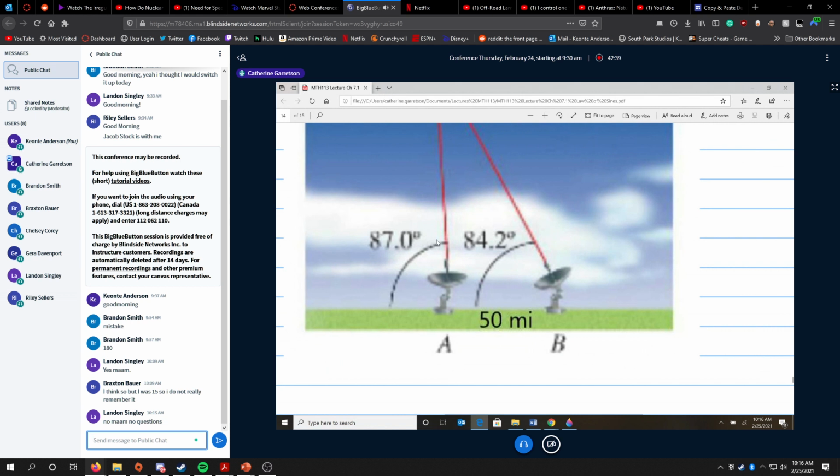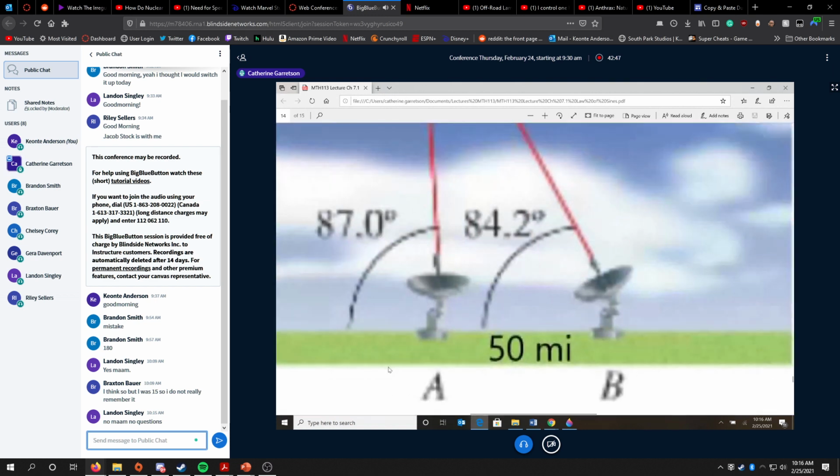And we have to use the fact that these two angles form supplementary angles. That is, the two angles, the one on this side and the one on this side, where the bottom is a straight line, add up to 180. So I'm going to need to say 180 subtract 87 to get the angle on the inside of the triangle.